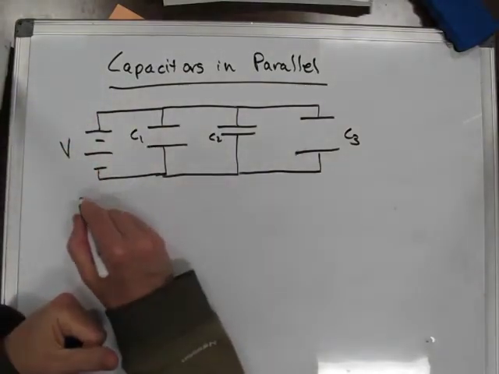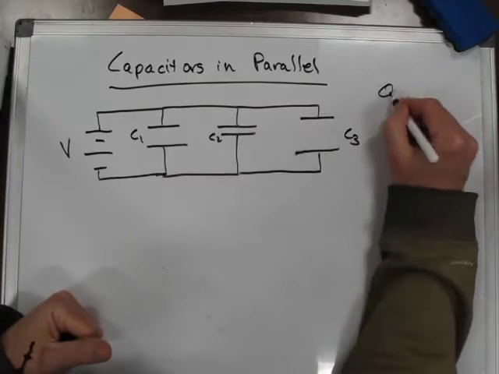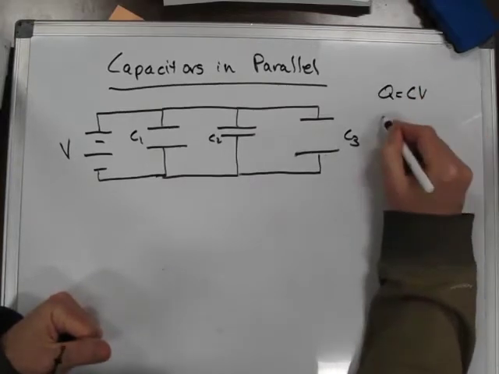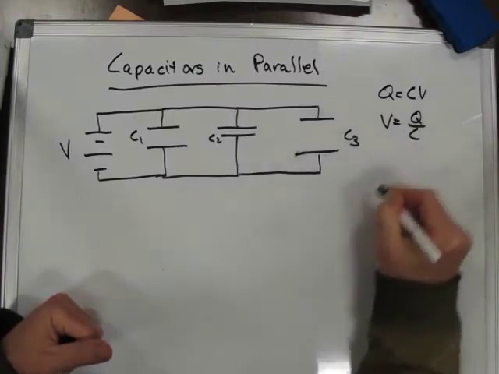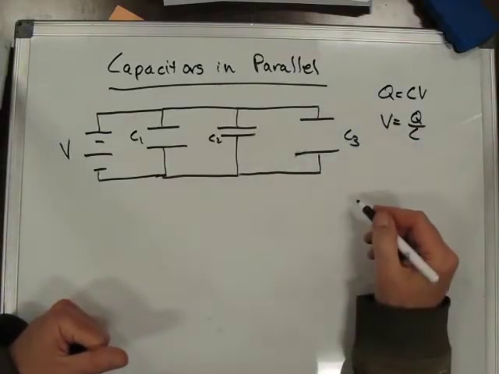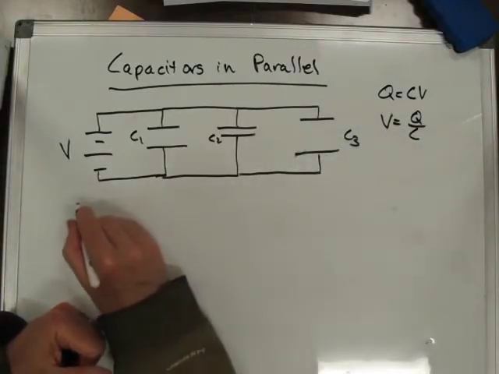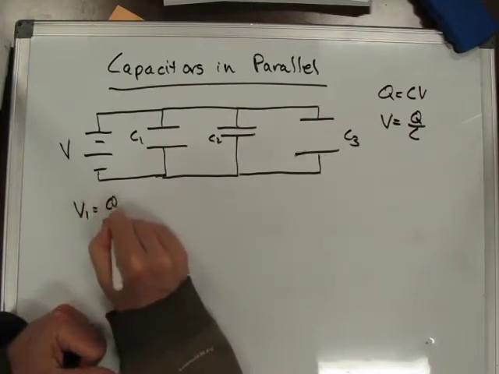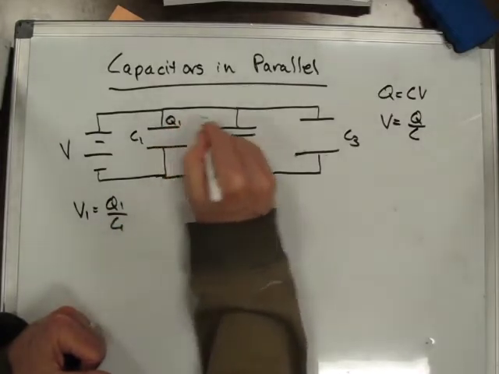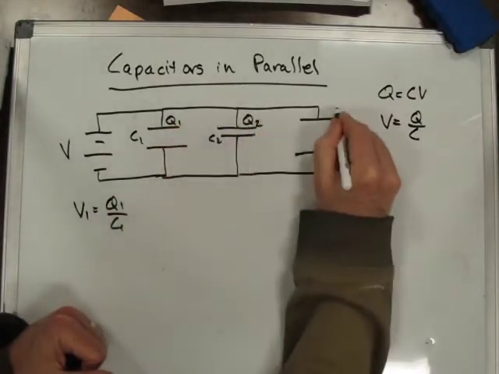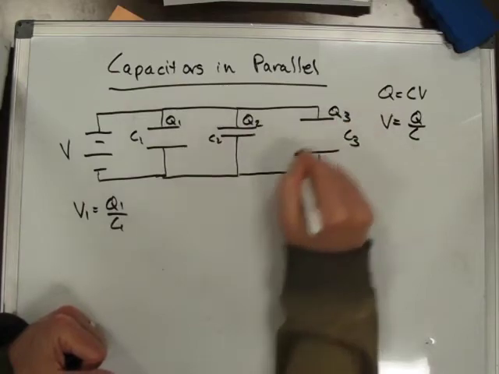And so normally I say Q is equal to CV, or I could say V is equal to Q over C, right? And so I could say V1 is equal to Q1 over C1. That is to say, this guy gets charged Q1, this guy gets charged Q2, and this guy gets charged Q3, right?